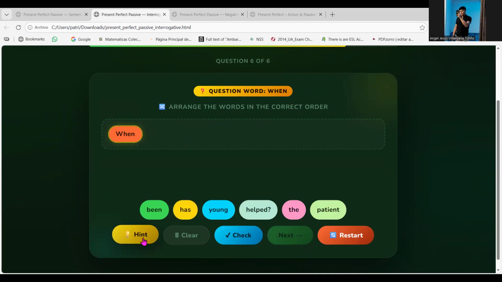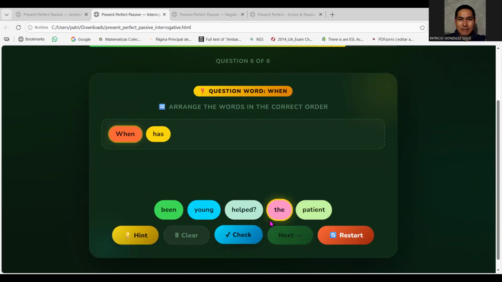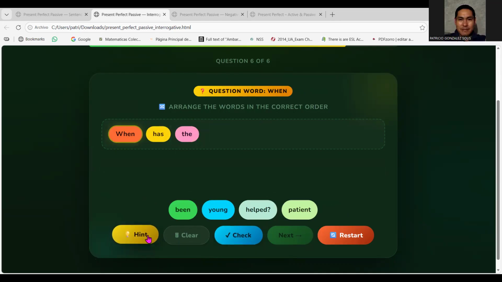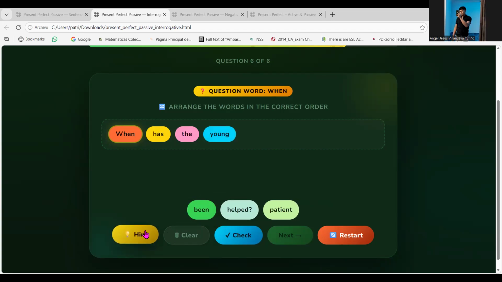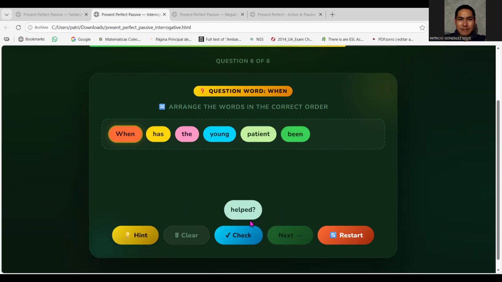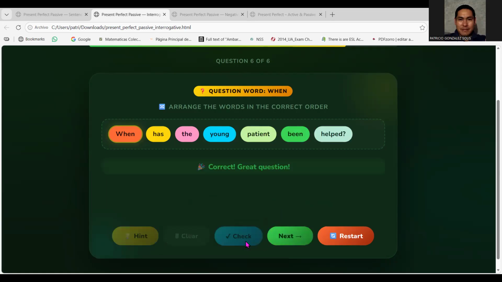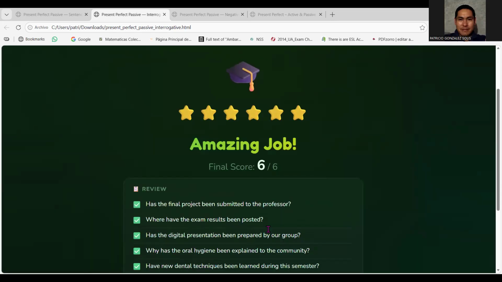When has the young patient been helped? Yay, my dear Angel Jesus. And teamwork. It is amazing. Amazing job, my dear students. Okay.